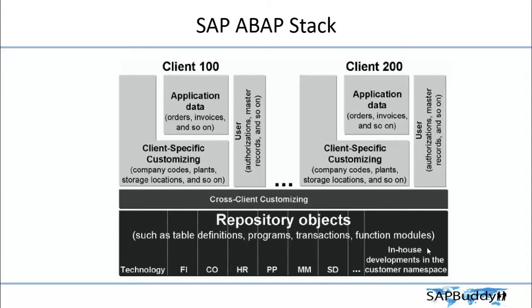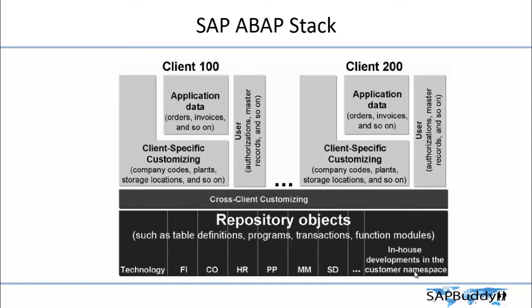Then we have in-house development in the customizing namespace. In general, SAP has most of the programs and the tables which you need. However, SAP will also allow you to create your own programs. If you look in any system, the programs starting with Y or Z are coming from the customer itself.